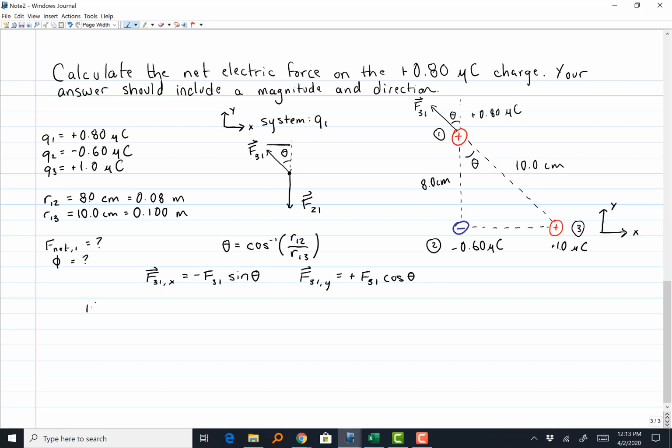Alright, so then the net force in the x direction is equal to the sum of the forces in the x direction. And in this case, there's just the one. And I can write this out a little bit more formally.